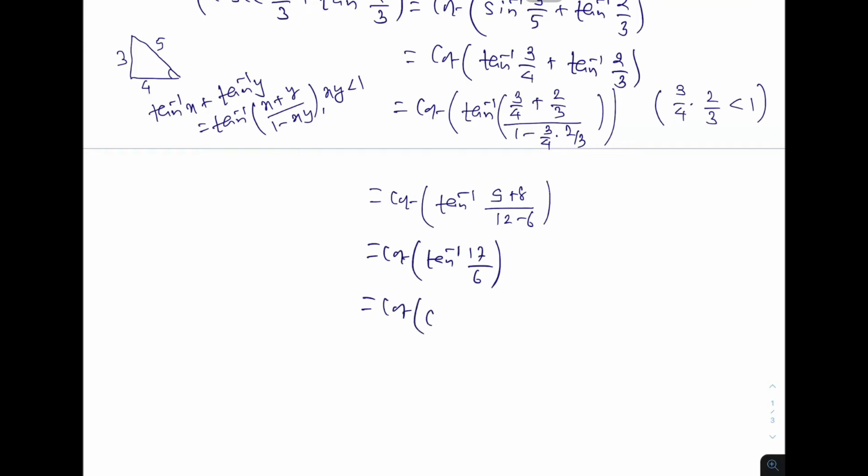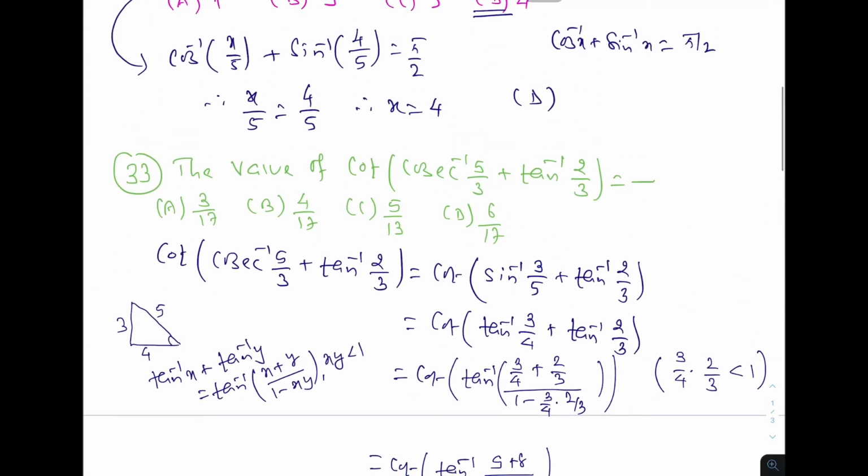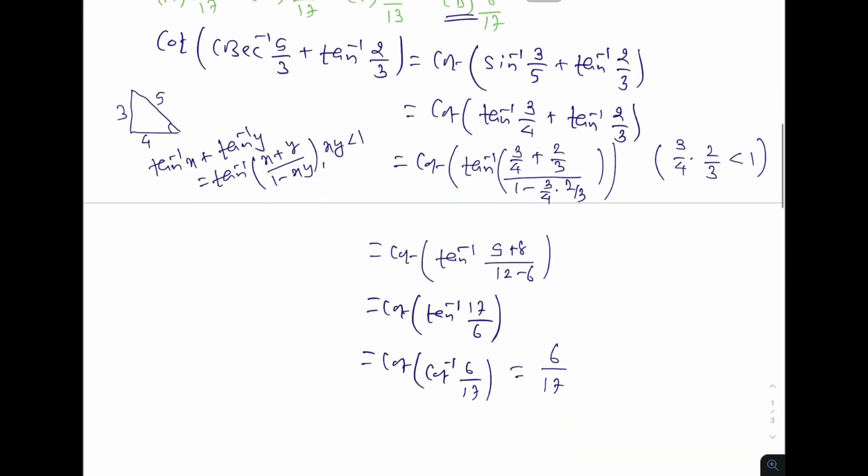So this is cot of cot inverse 6 by 17. So the answer is 6 by 17, and D is the option.